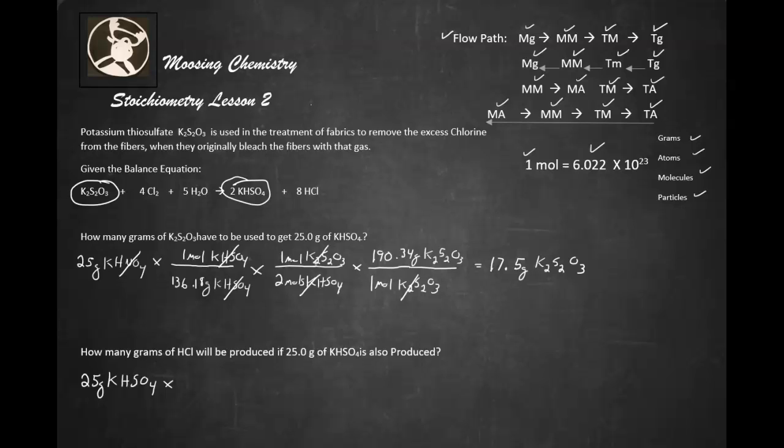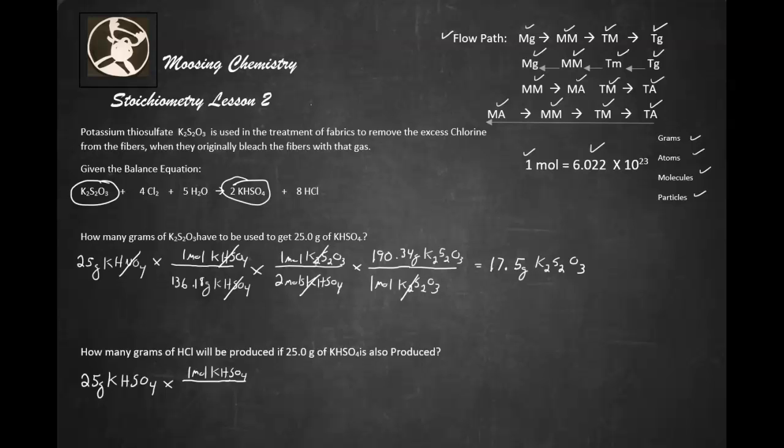So we're going to go from my grams again to my moles to their grams. So we're going to do the same process. So we will need to put 1 mole of KHSO4 on the top. So this problem is going to be a lot like the one above it.